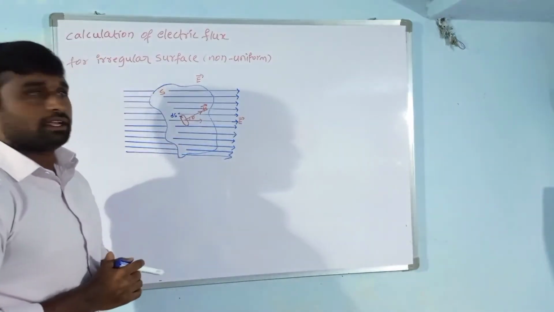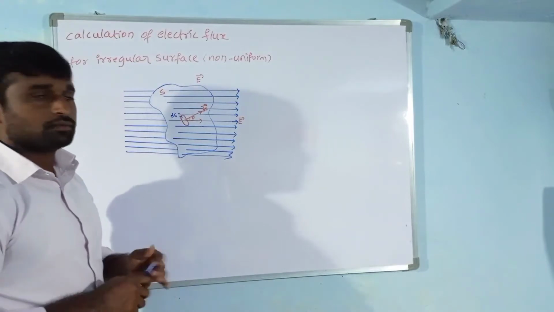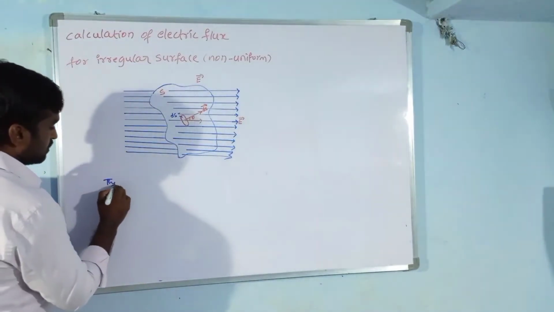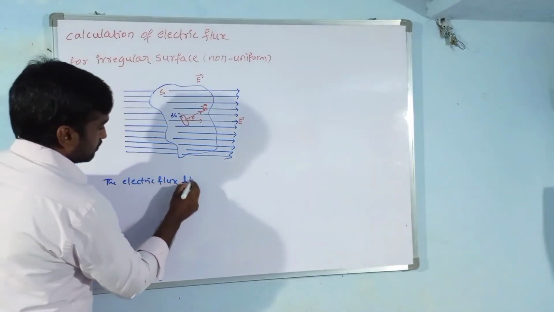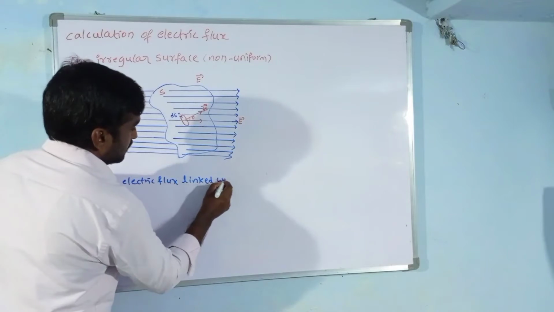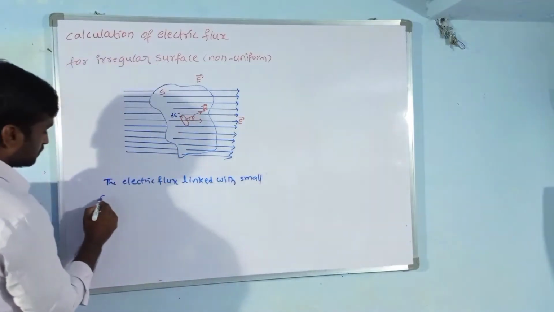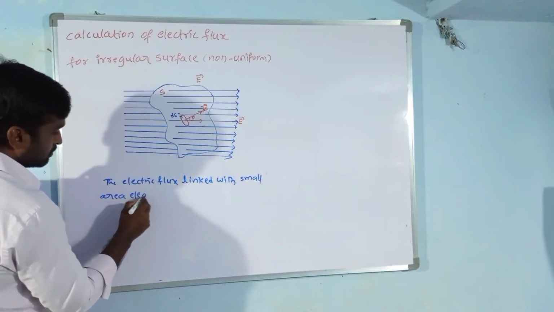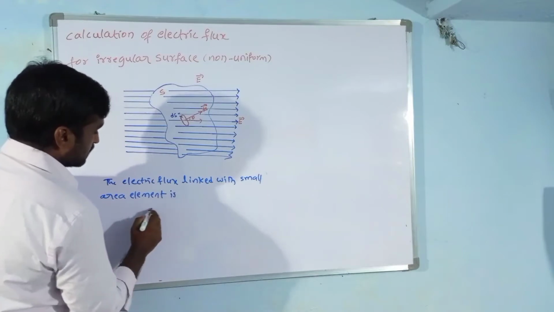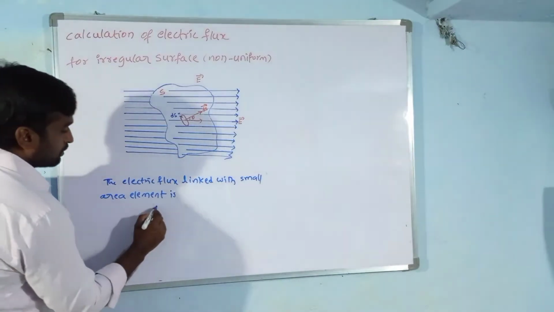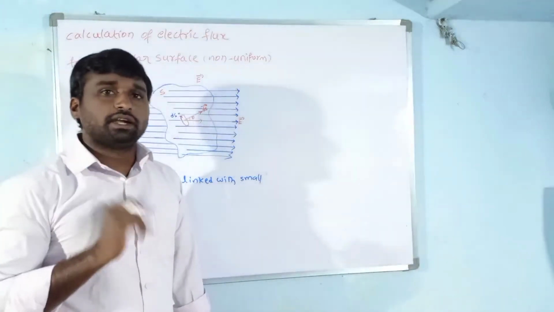Now let us calculate the electric flux linked with the small area element dS. We know the electric flux formula is the product of the electric field and the area vector.